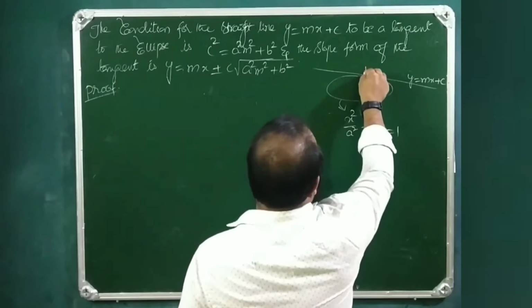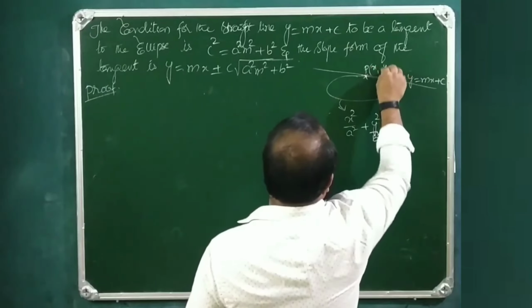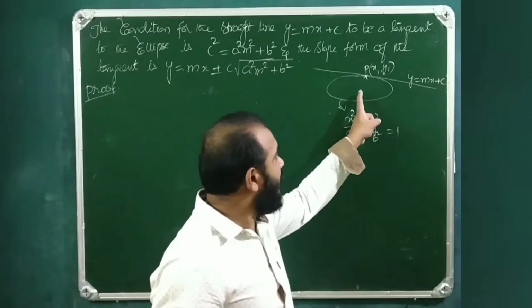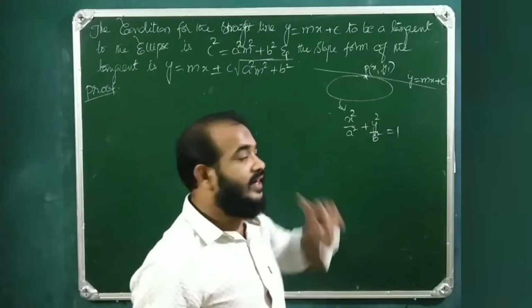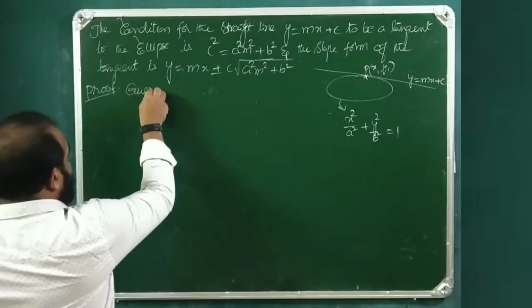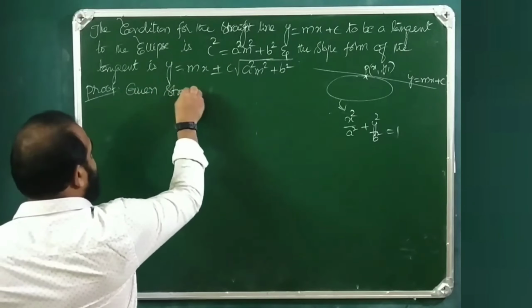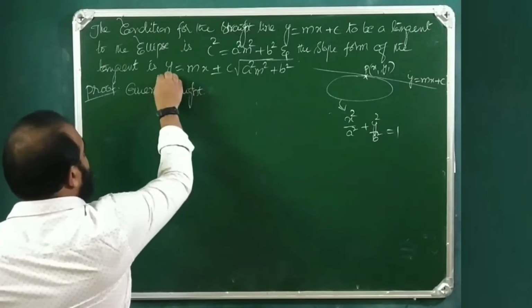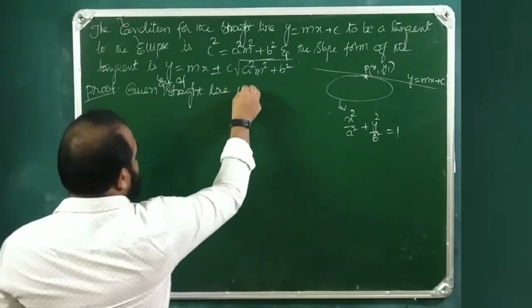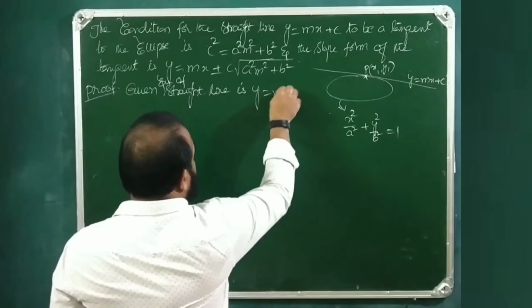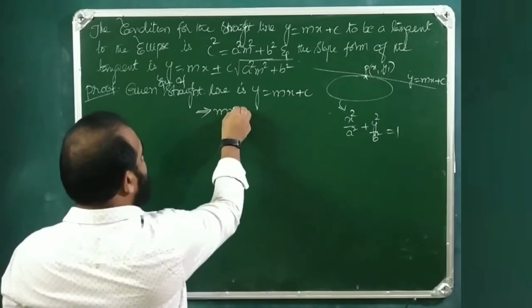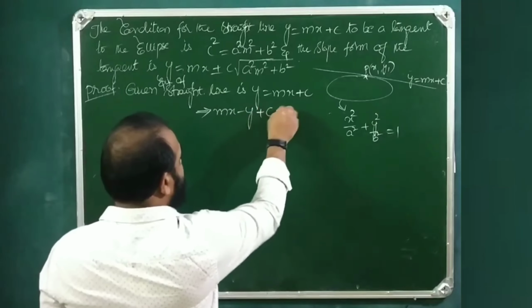So let this be P(x1, y1), the point of contact of the ellipse and the straight line. Given the equation of the straight line is y is equals to mx plus c. So this can be written as mx minus y plus c equals to 0.